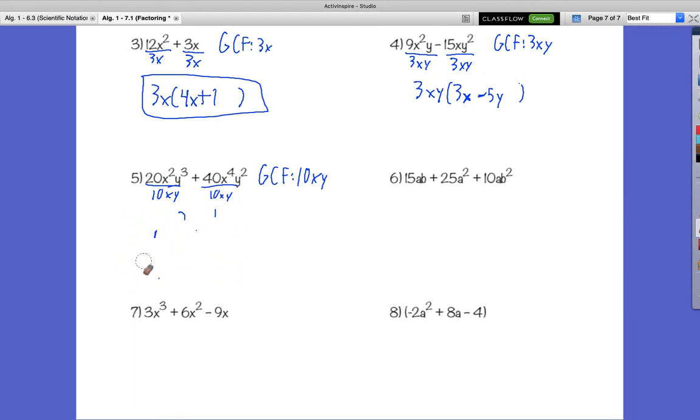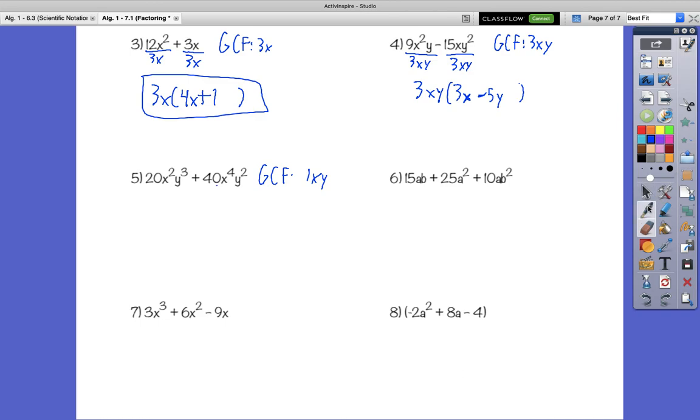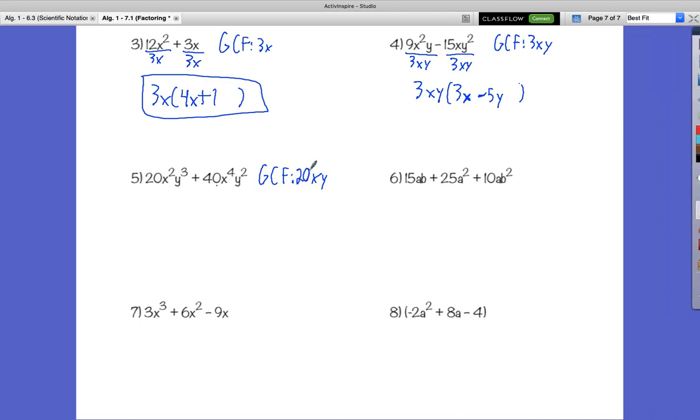So I agree 20 would be the number we want. But can we do more than just x and y? What do they have in common? 20. x squared. And how many y's do they have in common? 2, so y squared.